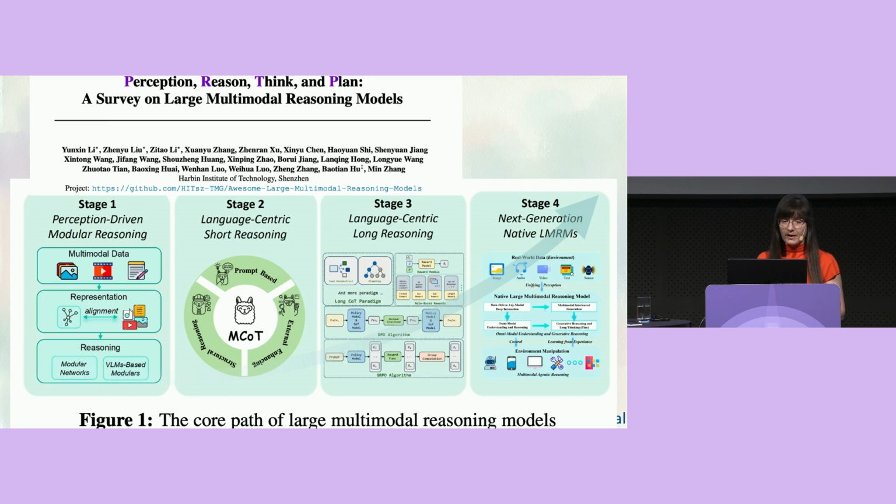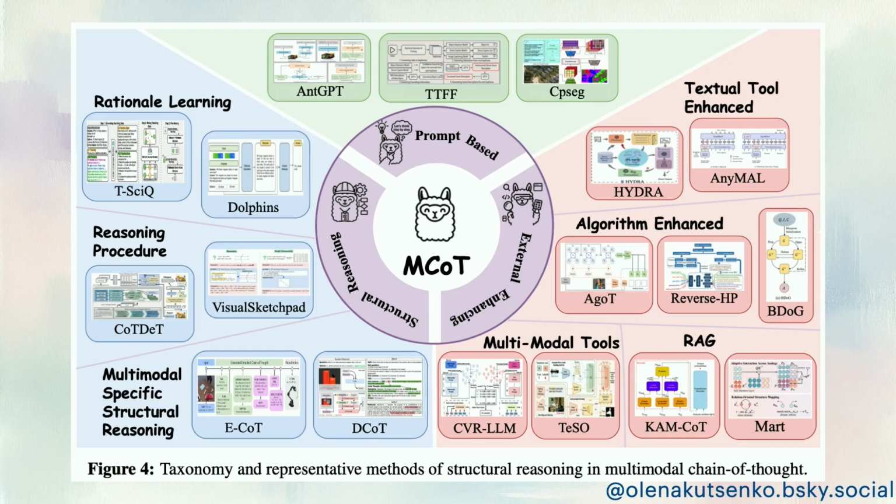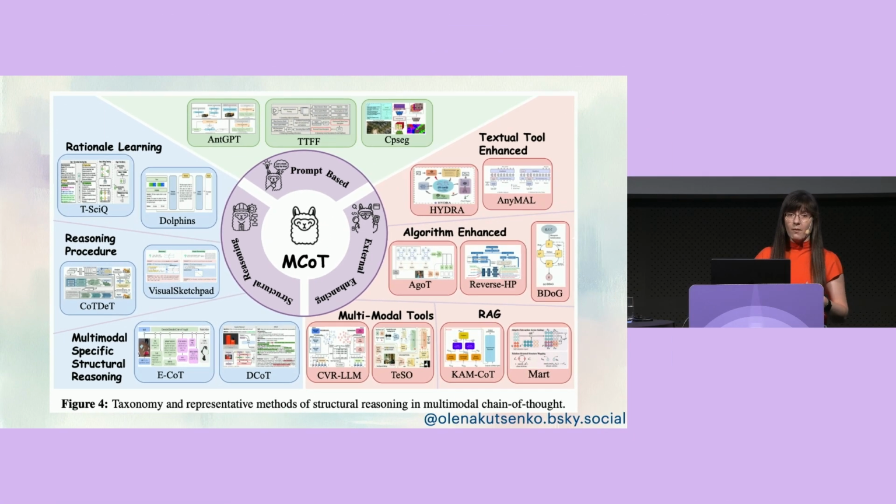And the final one is about the chain of thought. This is when we try not to just generate some answer immediately, but have this process of thinking by the model, so analyzing what is needed, maybe getting additional information from external sources, and then producing the response.